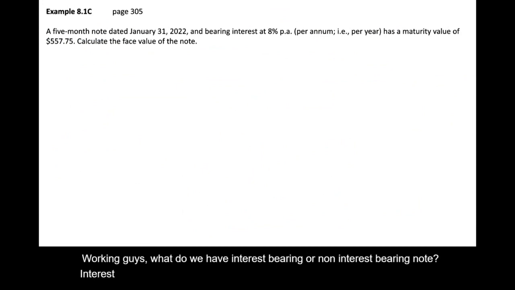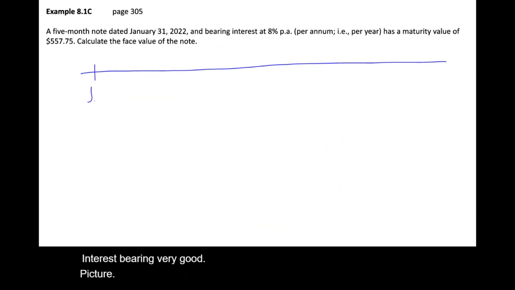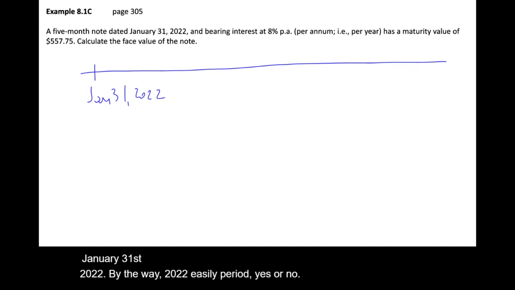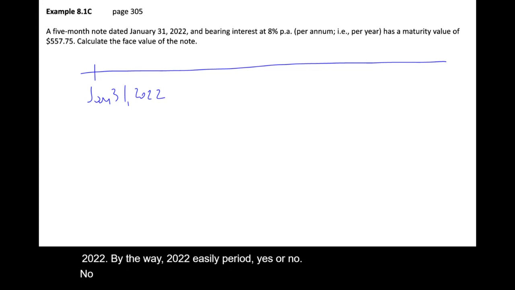Interest bearing, very good. So picture January 31st, 2022. By the way, 2022, is it a leap year, yes or no? No. Okay. So 5 months. Again, we go from end of the month till end of the month.